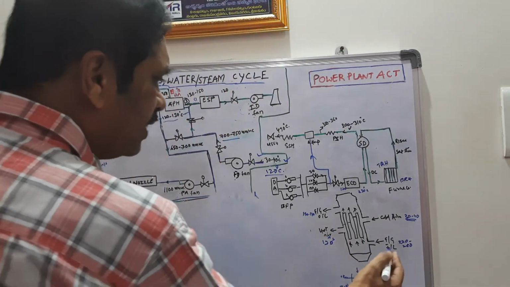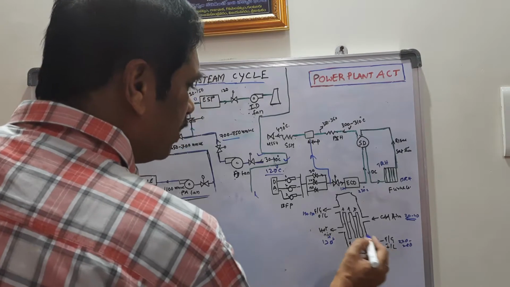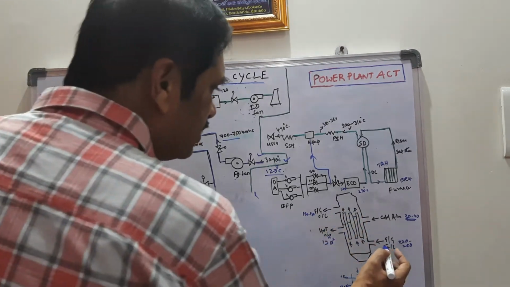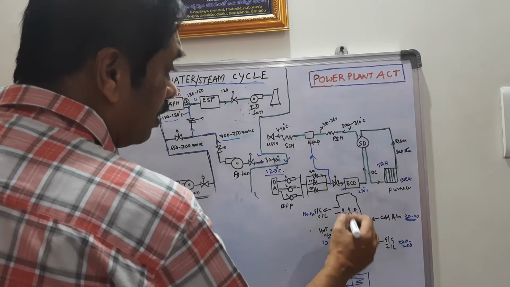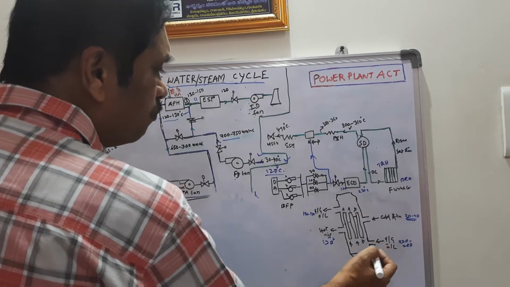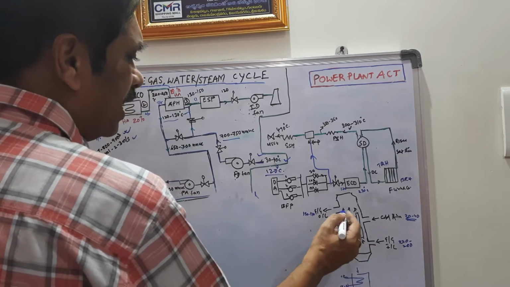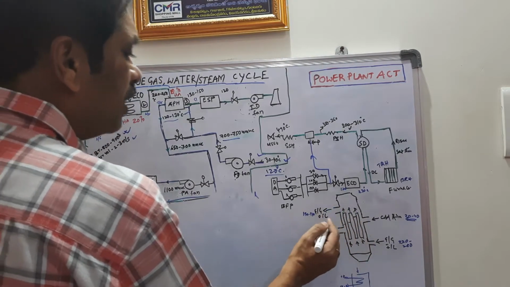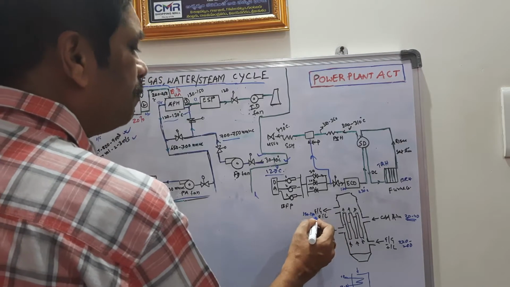In the air preheater there are a number of tubes provided. Flue gas enters at the bottom of the air preheater, and after passing inside the tubes, it exits at the top of the air preheater.